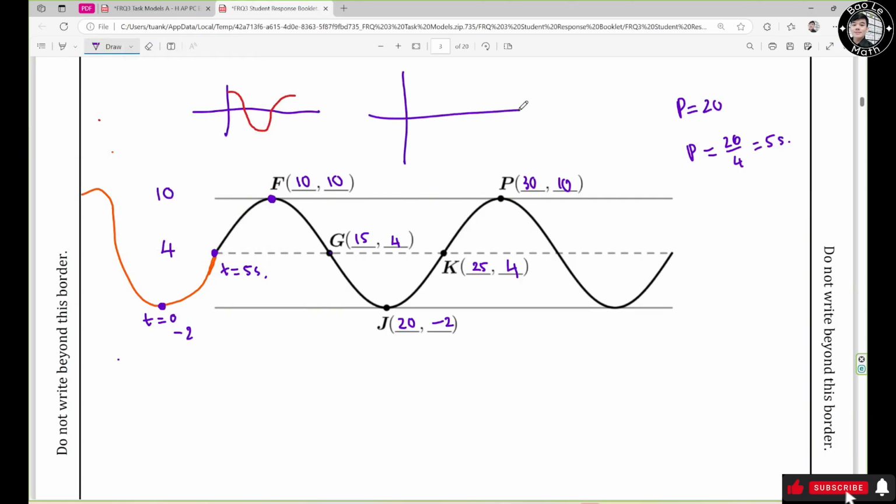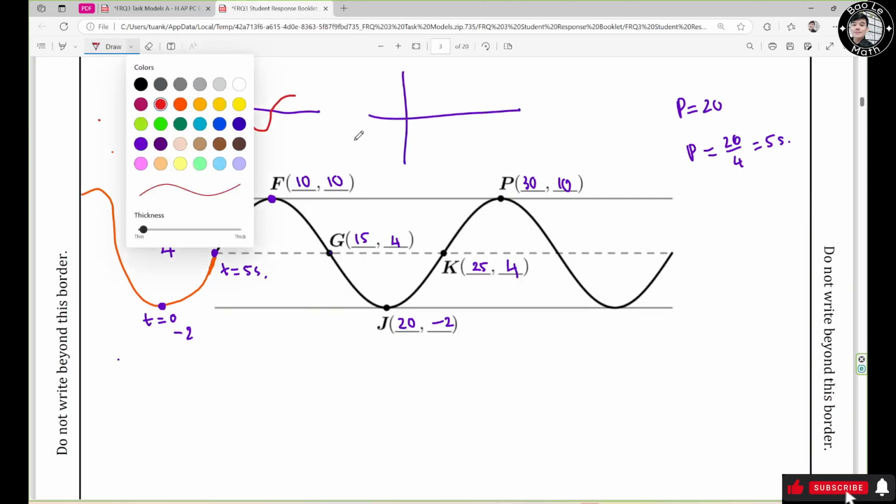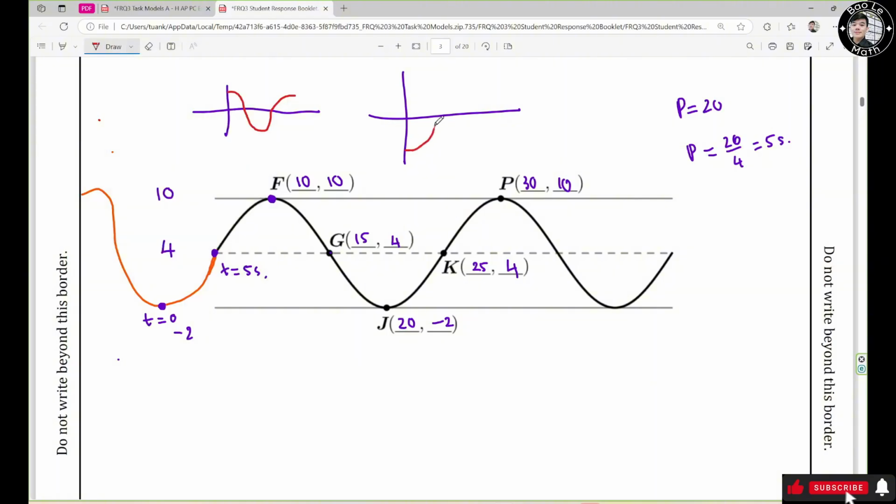If it's minimum, it's going to be like this. Alright. Now we look at this one right here. We can start the function right here. Right? Right here. Or right here. Right? Point F, point J, or point P. So we have three options.